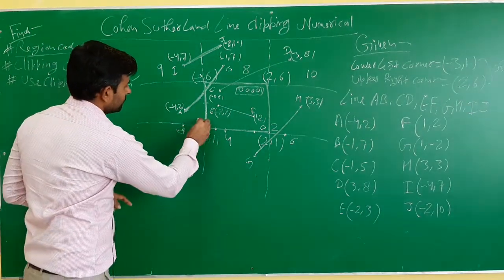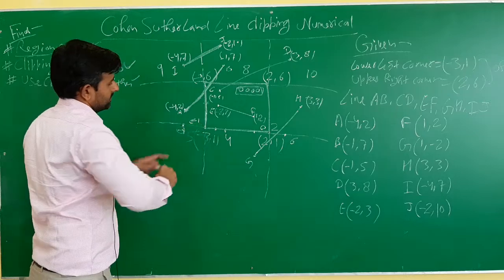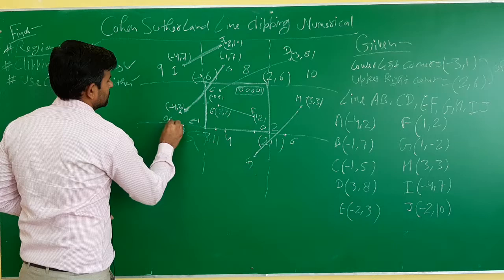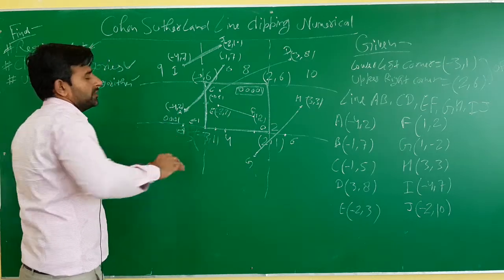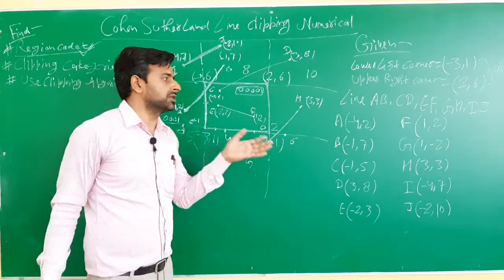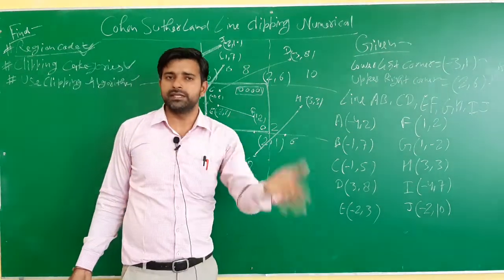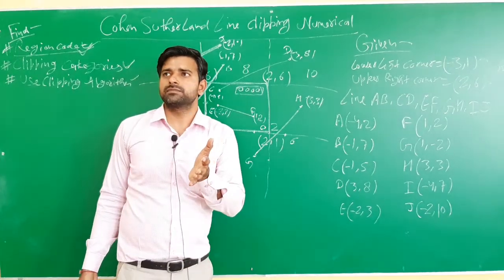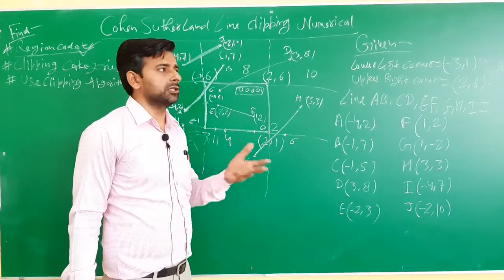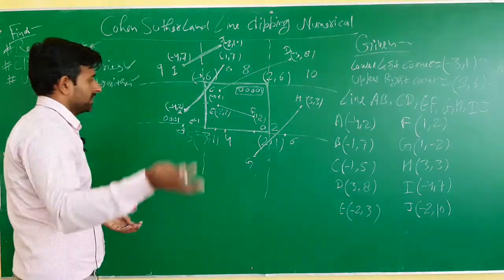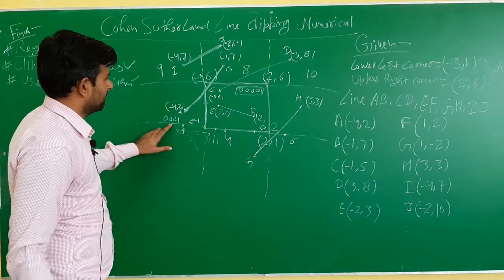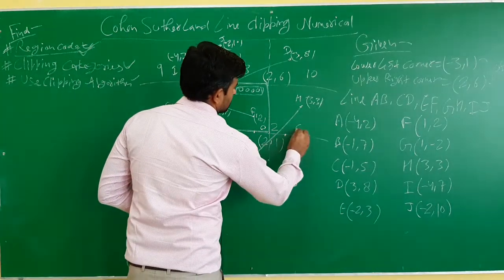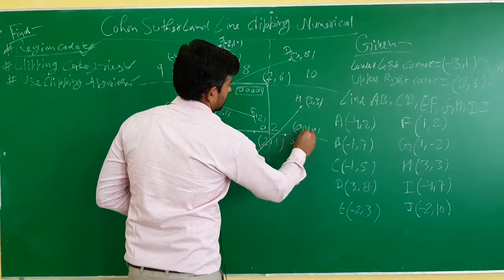Like the 4-bit binary equivalent of 1 will be 0001. If you don't know how to convert from decimal to binary, you can check the previous videos, and we have a playlist on binary logic and binary number systems. You can learn from there. Clear? 0 is 0 0 0 0, 2 is 0 0 1 0.